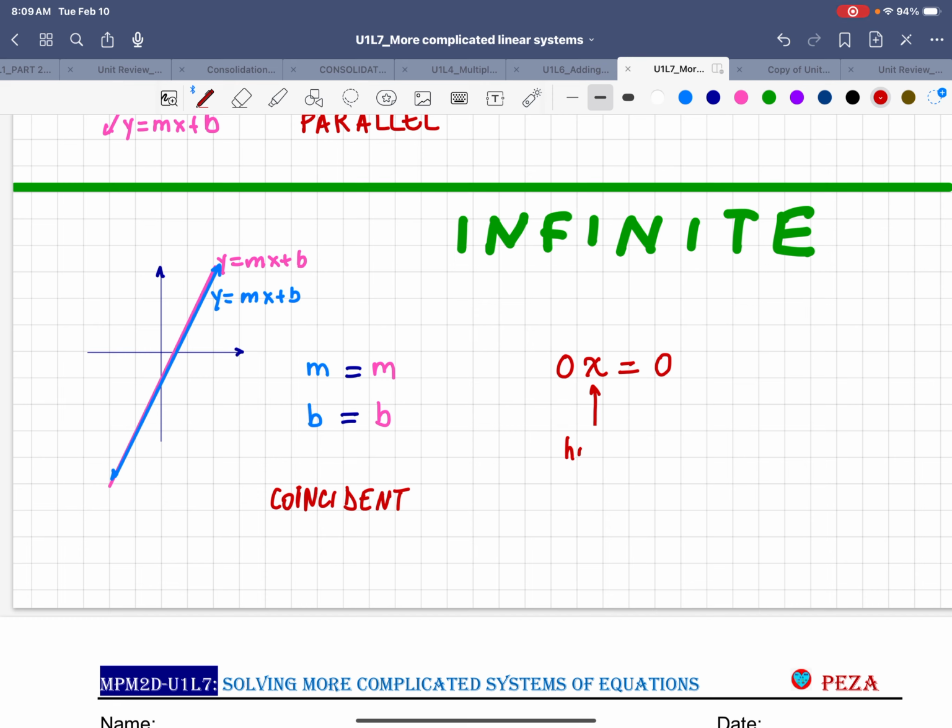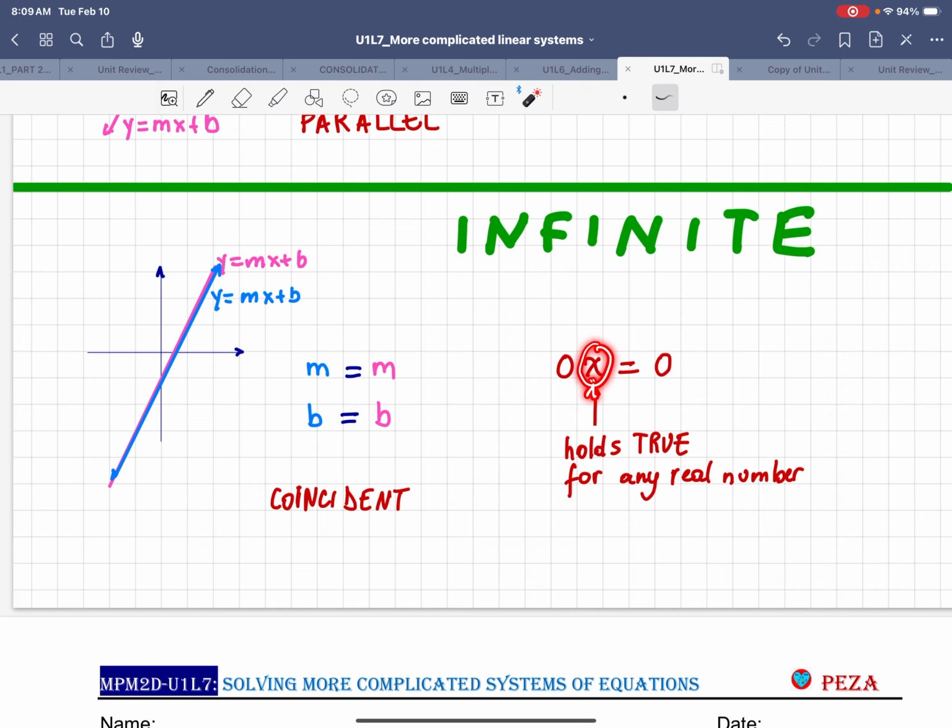The reason is that when you multiply any number by 0, you get 0. So we are getting an infinite number of solutions. An infinite number of values of x can satisfy this equation because any real number can satisfy it.